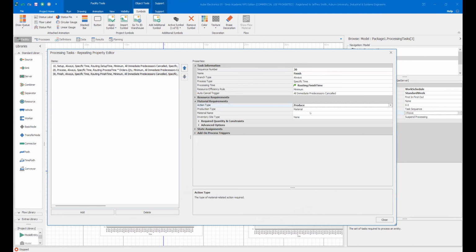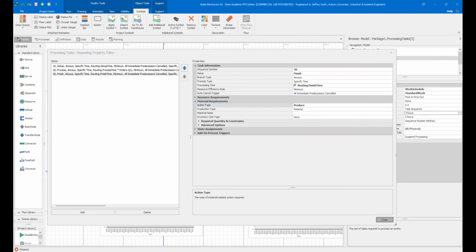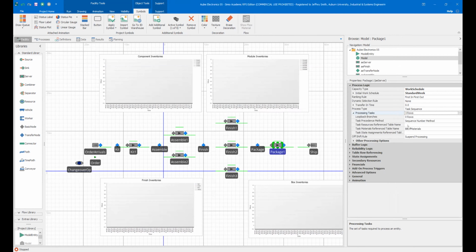But what I mentioned was that can be a little bit problematic because we don't actually have the materials in the bill of materials. And because we have this bill of materials table specified as the reference table, there's an inconsistency if we try to produce something that's not in the bill of materials table, right?